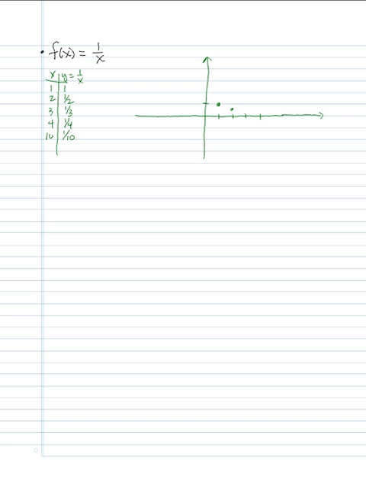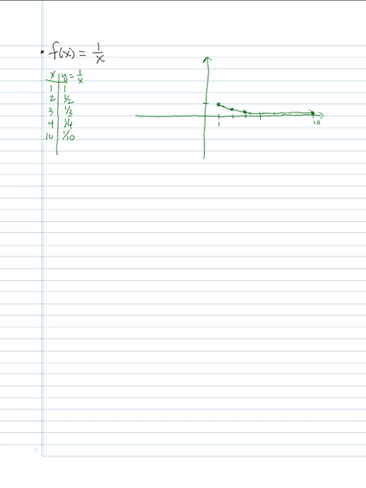And when x is 2, y is 1/2. And when x is 3, y is 1/3. And when x is 4, y is 1/4. When x is 10, y is 1/10, just barely above that axis, isn't it? So we're going out, and this is where 1 is, we're going out and it's getting smaller and smaller, it's getting closer and closer to that x-axis, but it's always above it.